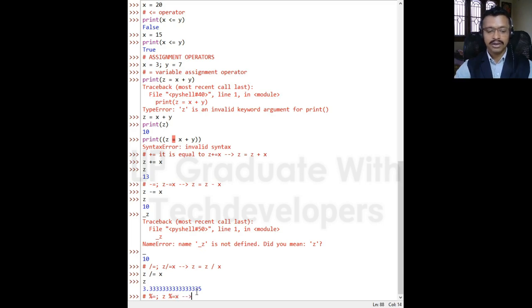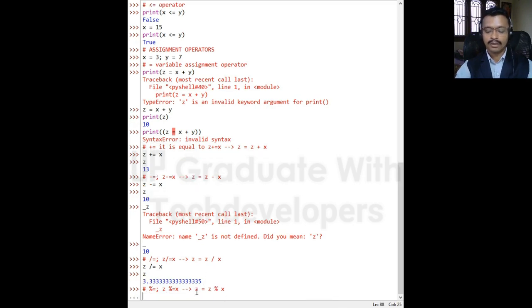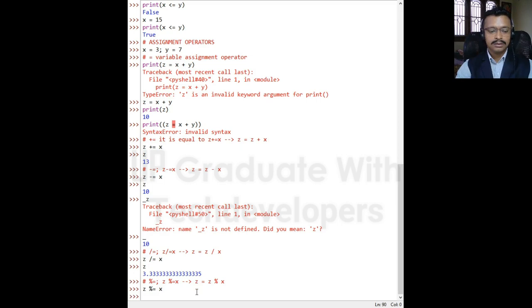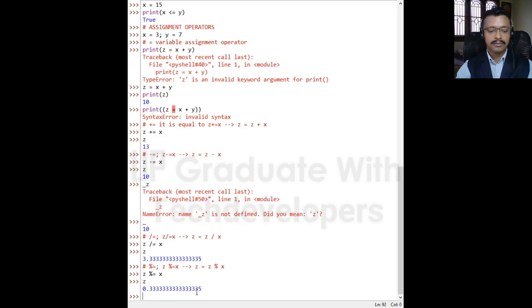So this is equivalent to z is equal to z modulus x. So let us use this. z modulus is equal to x. Okay. Let us check the answer. This is 0.333.